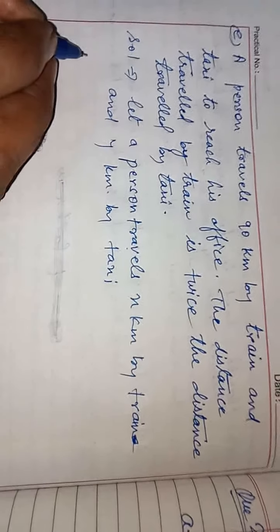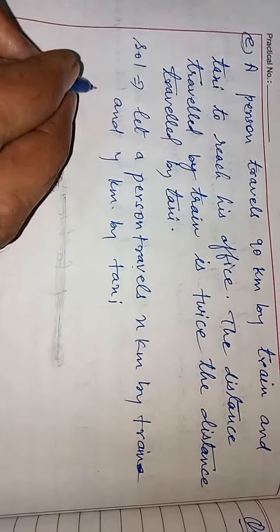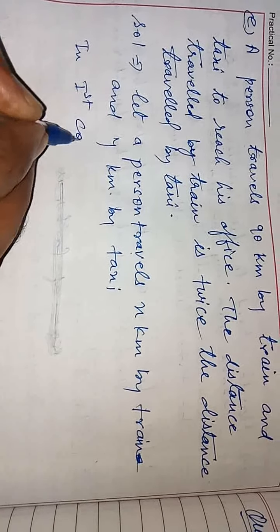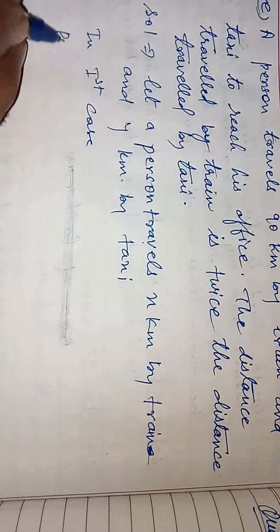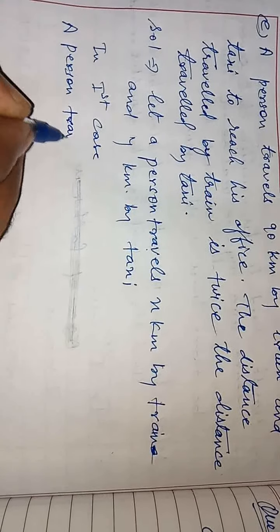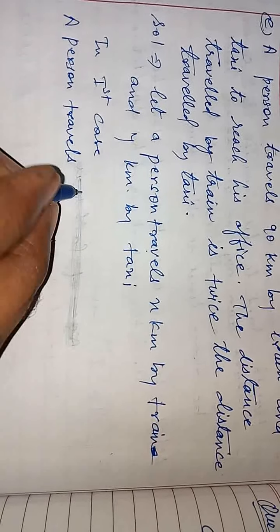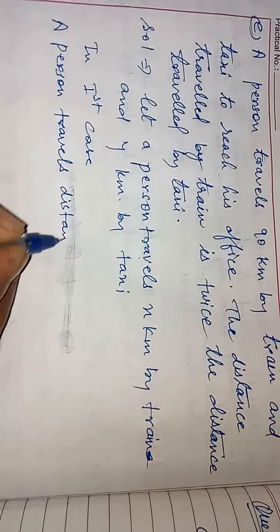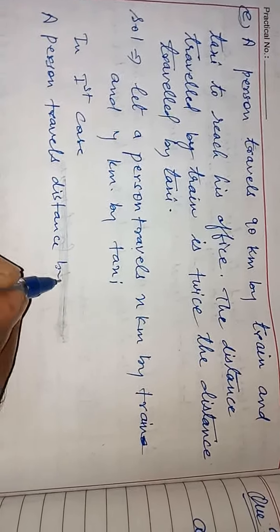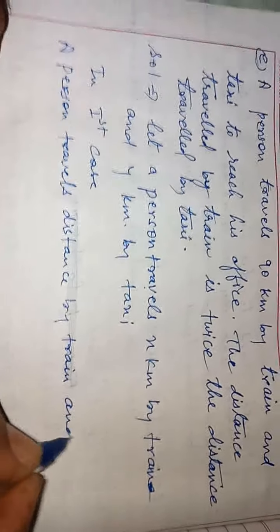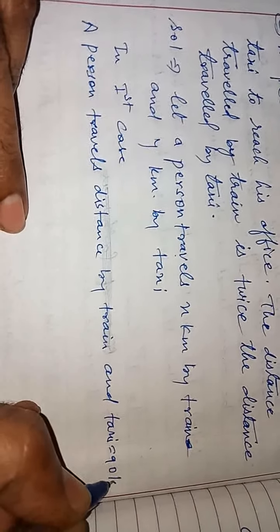In first case, the person travels distance by train and taxi equal to 90 kilometers.